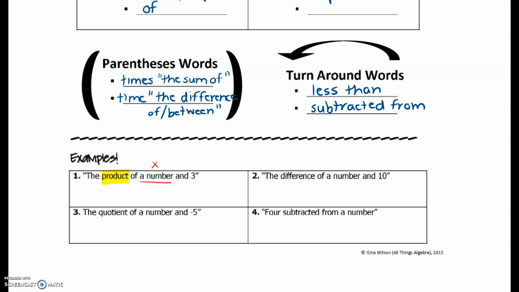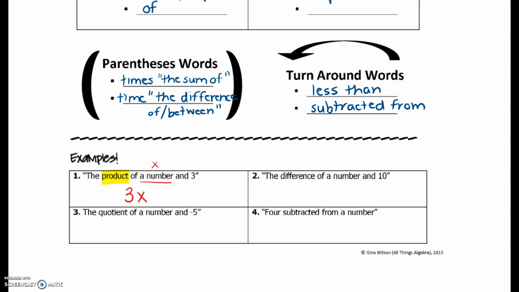So in this case, the product of a number and 3 means that I'm going to write 3x, or you could put it as 3 times x if you wanted to put the dot in between. In multiplication, the order doesn't matter, so you could also write x times 3.